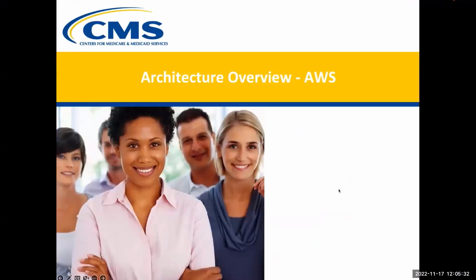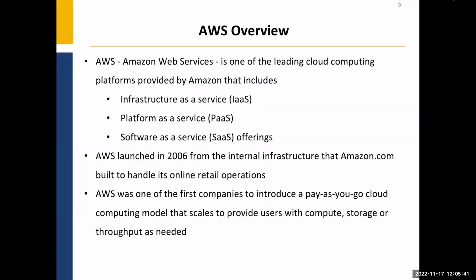Next, I'll be going over the architecture within AWS and highlight a few of its key services within our system. But before I do, I want to provide you a little bit of history on what AWS or Amazon Web Services is. So that platform is one of the leading cloud computing platforms that includes infrastructure as a service, platform as a service, and software as a service offerings.